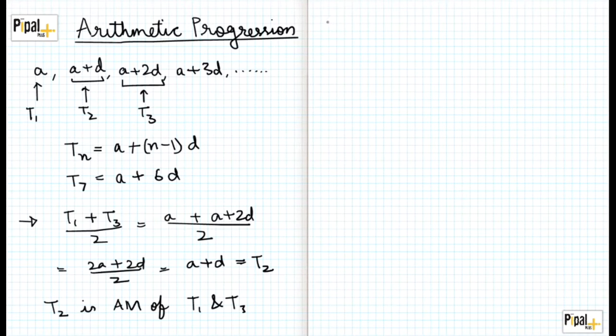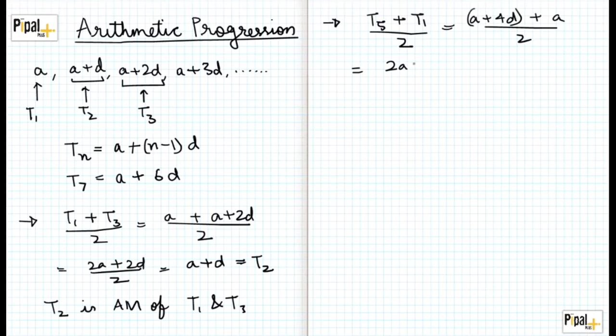Similarly, if I were to take T5 and T1 and find their arithmetic mean, T5 is going to be a plus 4d, T1 is going to be simply a, so I'm going to have to divide 2a plus 4d by 2, so I get a plus 2d, which is T3.